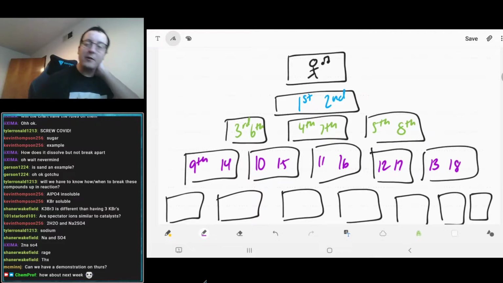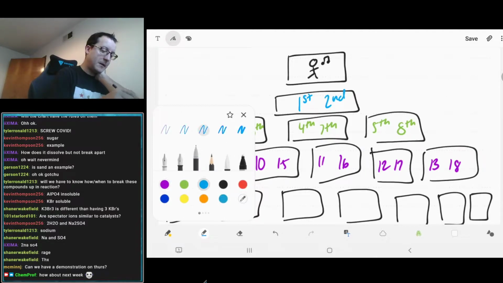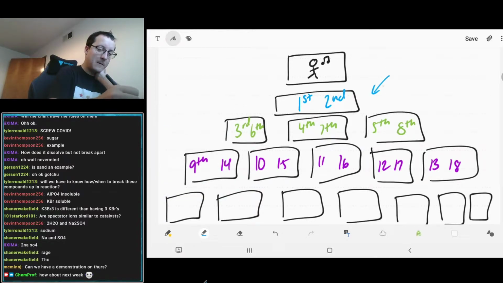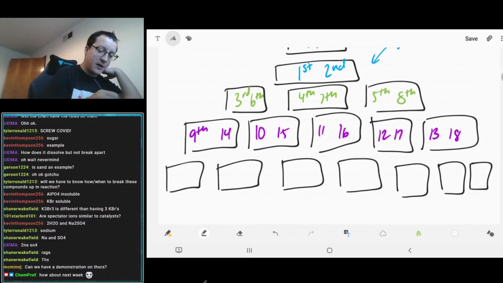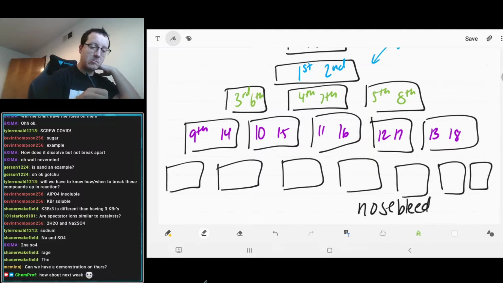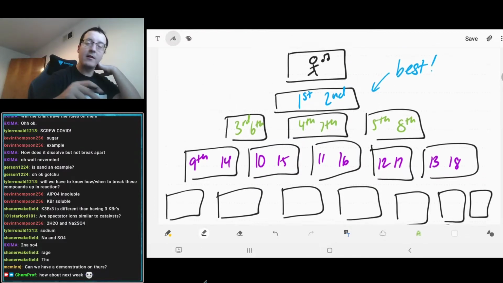The ideal spot, the best place, is right up close, right? And this is the nosebleed section way up in the back.